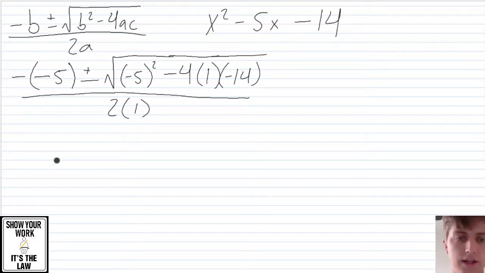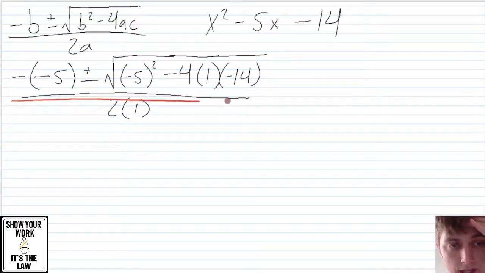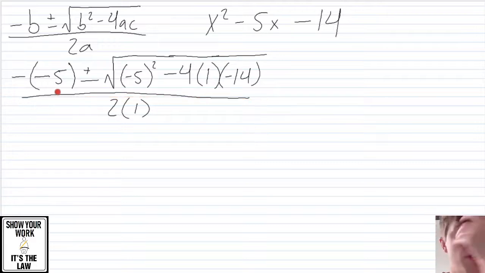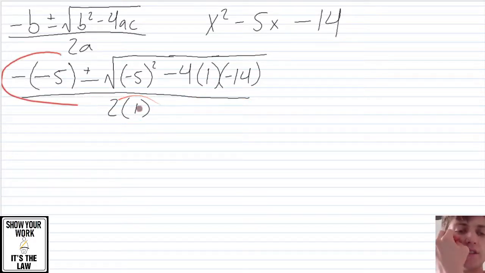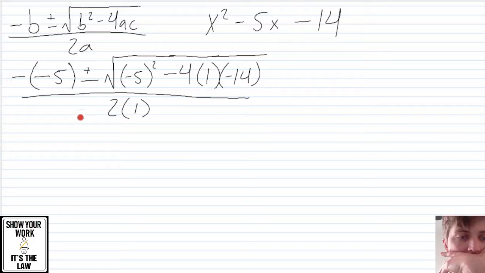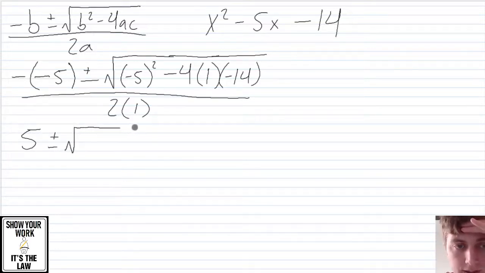Now we can start simplifying. Let's remember that when we have a fraction bar, we can treat each of these independently. So let's work on the top. -(-5) is just going to be +5. Plus or minus, and let's do everything inside the square root. -5 squared means -5 multiplied by itself twice. -5 times -5 is 25.